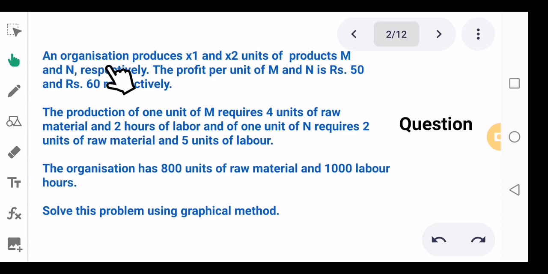Here they are saying that an organization produces product M and product N. We don't know how many units of M are produced, and we don't know how many units of N are produced.